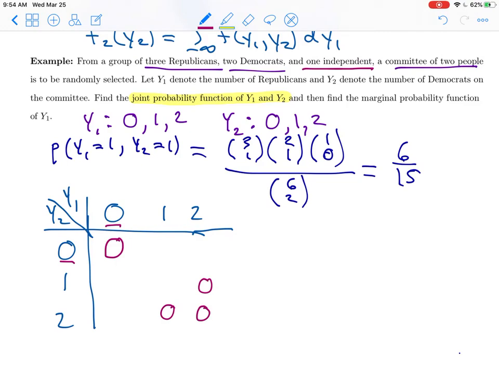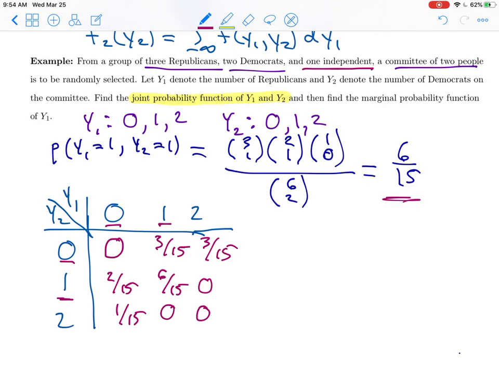We previously found that value right there is 6 out of 15. So the probability that we have exactly 1 Democrat and 1 Republican is 6 out of 15. And our other values here would be 3 out of 15, 3 out of 15, 2 out of 15, and 1 out of 15.